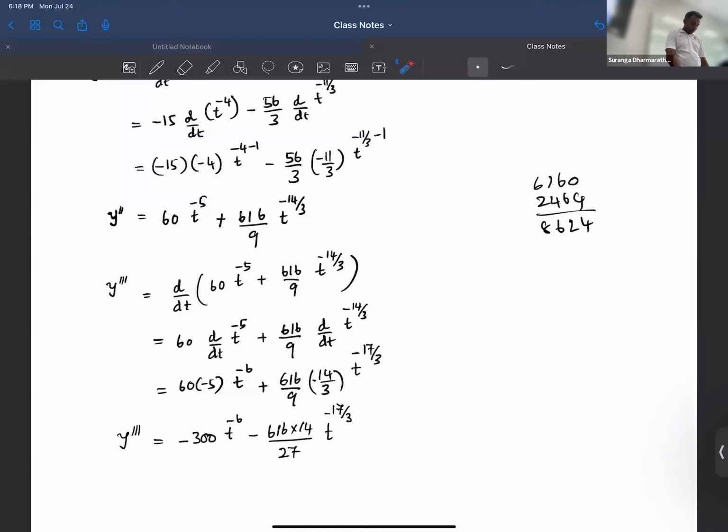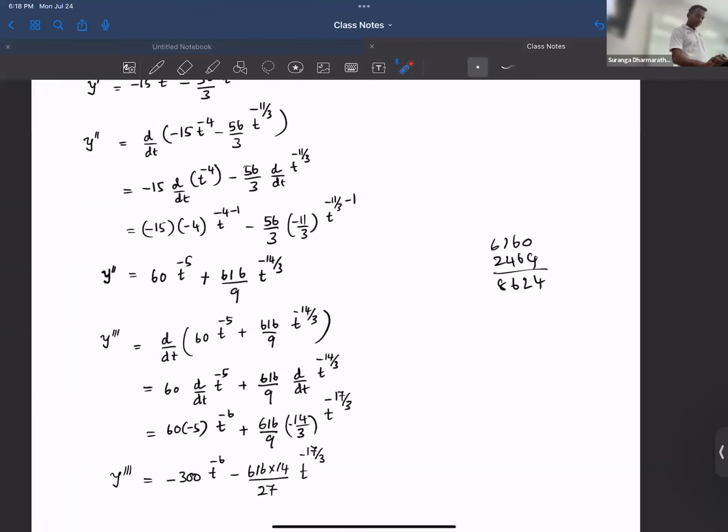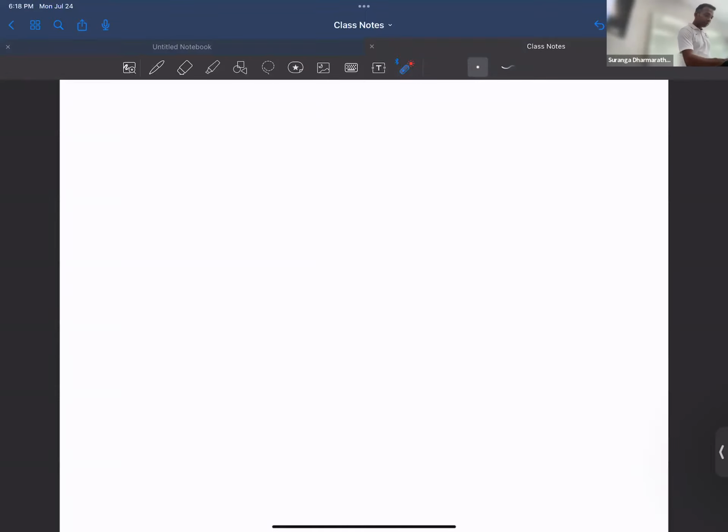Okay, so it is a chain rule, right? This is problem 67. Find the derivative.